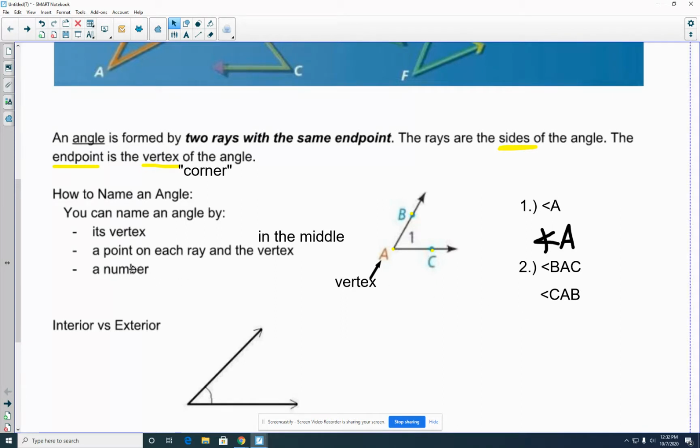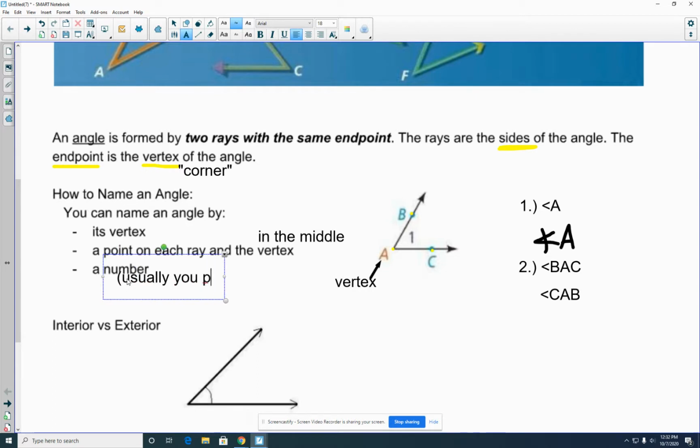Last, a number. With the number, typically the number isn't there and you need to add the number. Not often do they give you the number. Sometimes they do, but for our purposes, we're probably going to be adding numbers into diagrams.